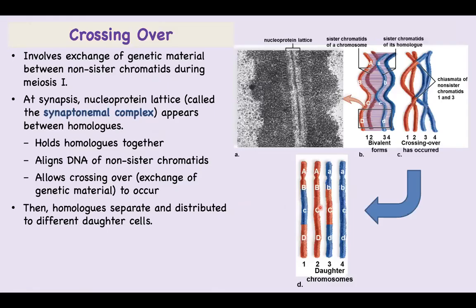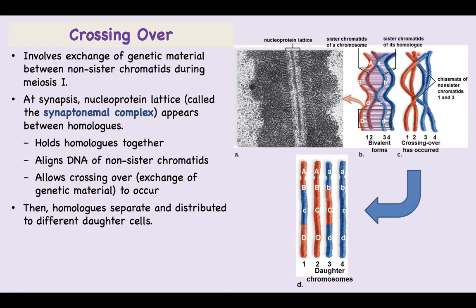So what is crossing over? Synapsis. So it involves exchange of genetic material between non-sister chromatids during meiosis 1. Okay, crossing over. So at synapsis, a nucleoprotein lattice called the synaptonemal complex appears between the homologs. So this holds the homologs together, aligns the DNA of non-sister chromatids, and then allows the crossing over to happen.